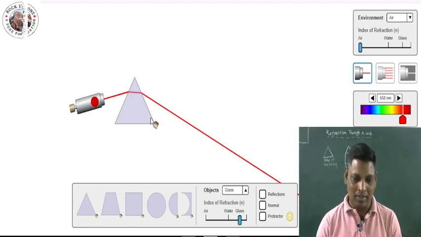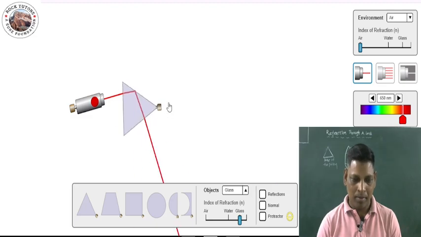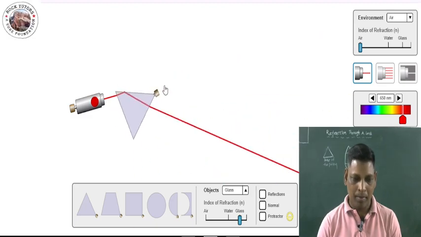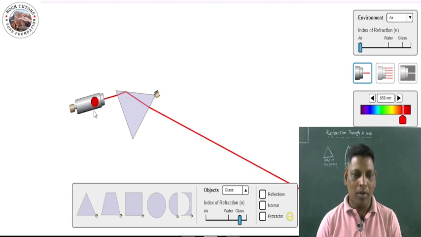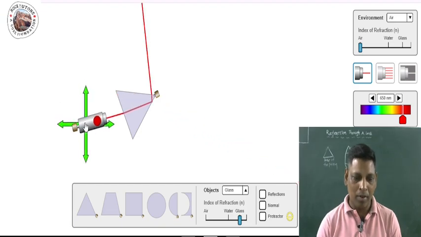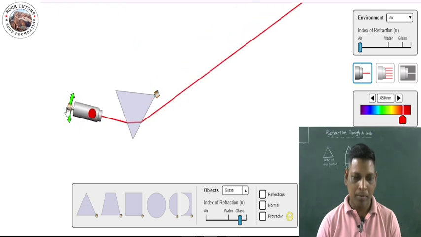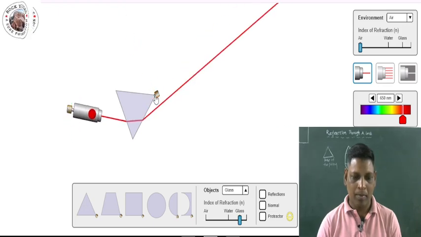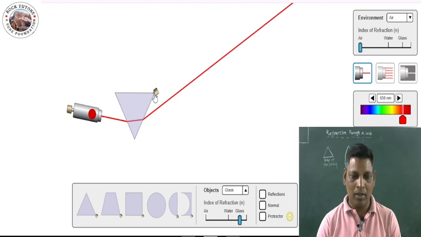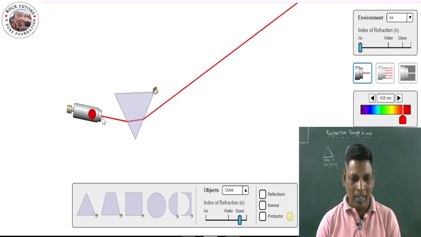If I turn this prism, now the base is on the top. Now see, this is the incident ray, this is the refracted ray, and this is the emergent ray.